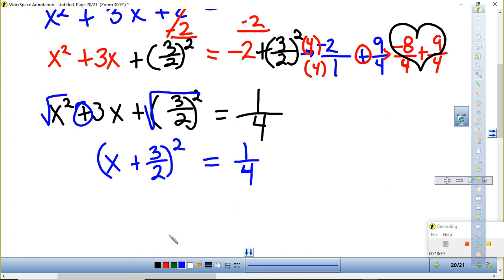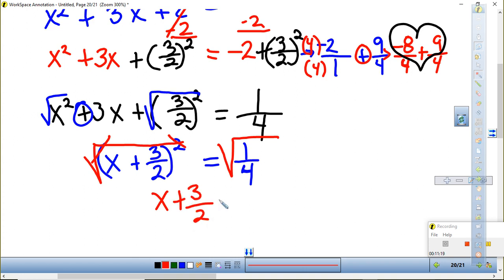So far, so good? All right, and we're now in step 6. What is the first thing I do for step 6? Take the square root of this to cancel that squared, and take the square root of the other side. This cancels this. We got x plus 3 over 2 equals, what is square root of 1? 1. What is square root of 4? 2.